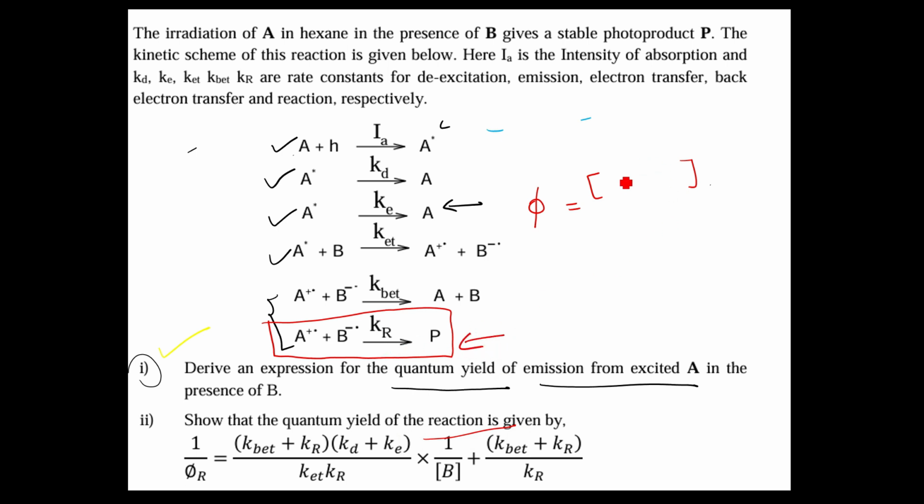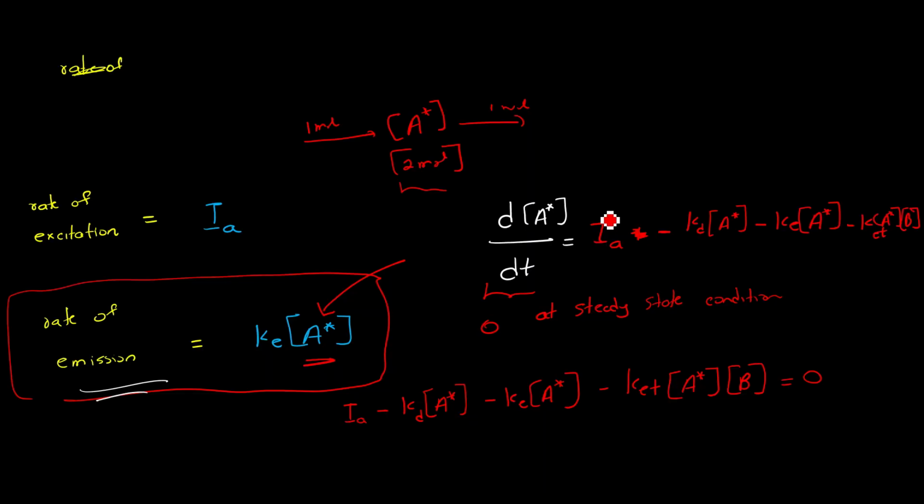You need the rate of this Kr step over the rate of excitation. We know this, right? It's just Ia. We only need to find this Kr step. So how are we going to approach this?